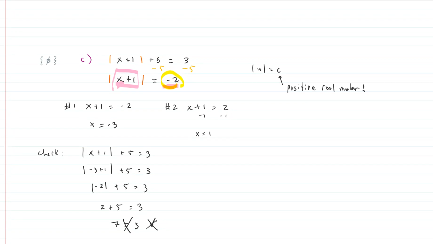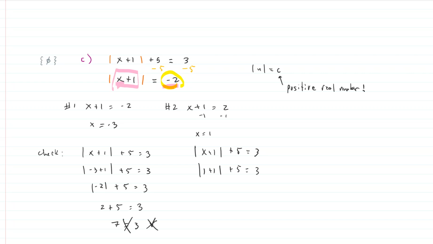We could check the other one and we'd get the same thing, right? A statement that was not true, which told us that the number we came up with as our solution is invalid. If we plug in 1 here, we get the absolute value of 1 plus 1, plus 5 equals 3. 1 plus 1 is 2.